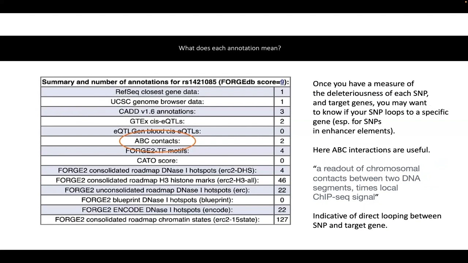So why do we integrate Hi-C data with ChIP-seq? This provides a better predictor. Just using raw Hi-C data is not that informative because you have a lot of contacts which are across the genome. And so you want to use ABC data, which integrates local ChIP-seq signal and will give you a better metric of real looping of that SNP with its target.